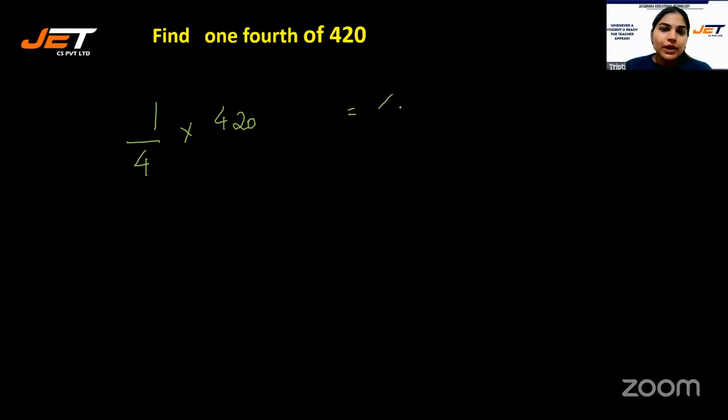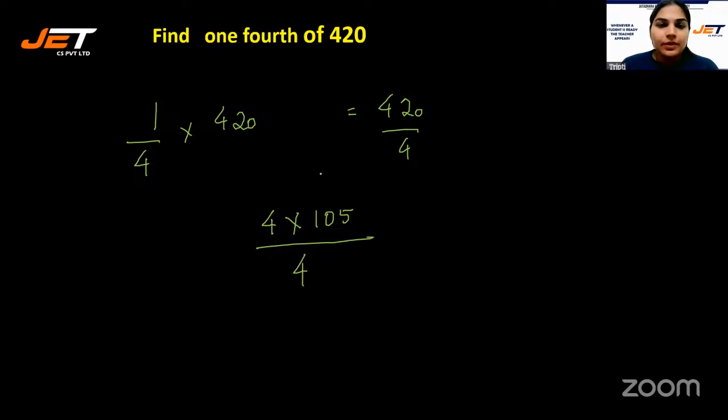Okay, so 420 by 4. I can write 420 as 4 times 105. In the denominator, it's 4. So 4 and 4 are cancelled. 105 is the answer.